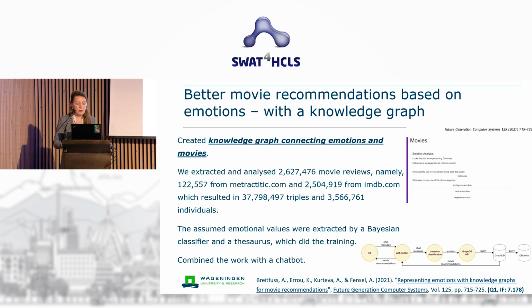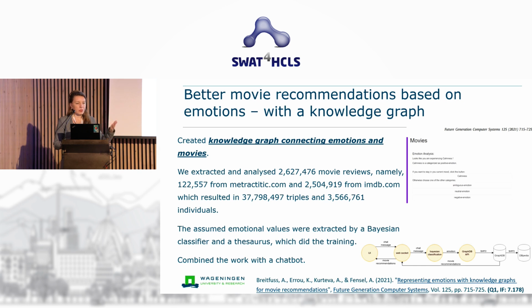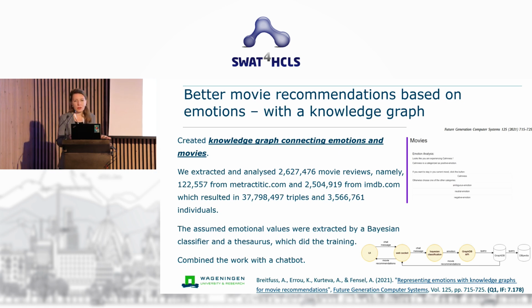And we built a knowledge graph assigning movies, analyzing their reviews with natural language processing, and building a graph linking movies to emotions, so that we can get better recommender systems, which react not only by just keeping you in the loop or on the system, but that you can maybe steer. For example, I'm sad now and I want to be more happy, and I want to see this kind of movie.